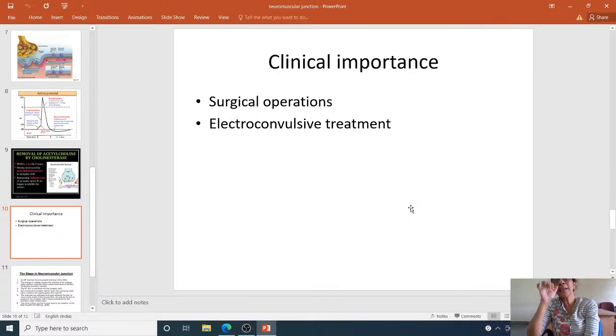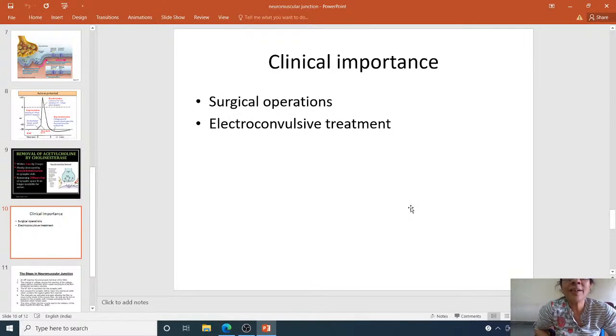So what is the clinical importance? Why should we block this neuromuscular junction? Neuromuscular junction should be blocked for surgical operations. If you want to do some surgical operation, they block it by giving some drugs, so the field will be very relaxed. Then the surgeon can operate easily.